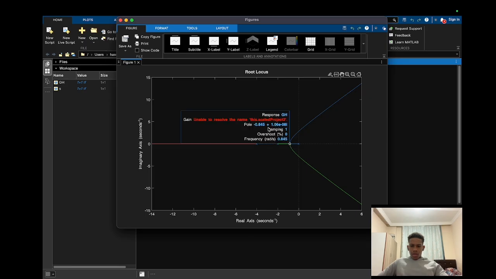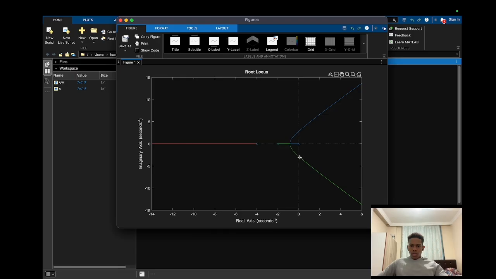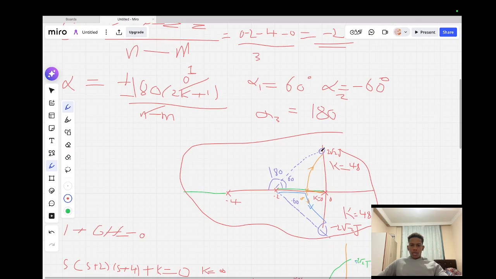Yeah, and the intersection will be positive 2.9j, I think it's 2 multiplied with square root of 2, and here the negative. Yeah, the negative 2 point something. So it's the same.